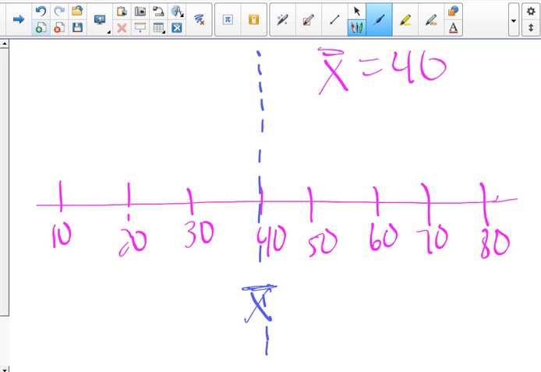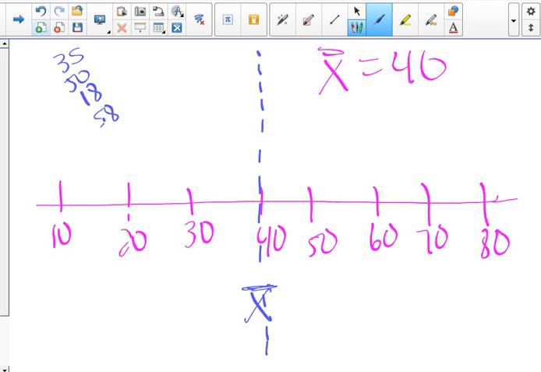Now I've got some data elements. I'm going to have some at, let's say 35, 50, 18, and 58.